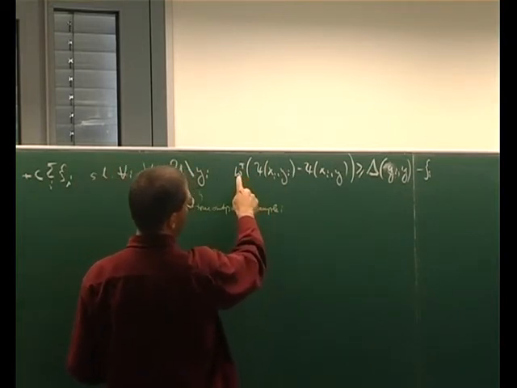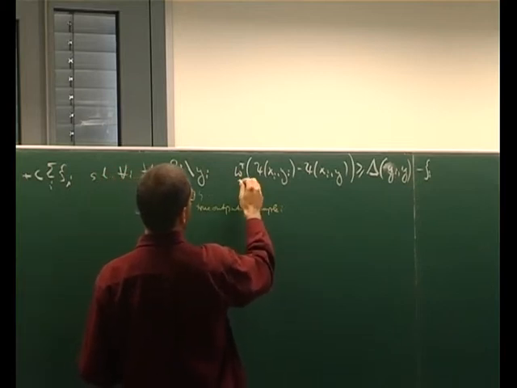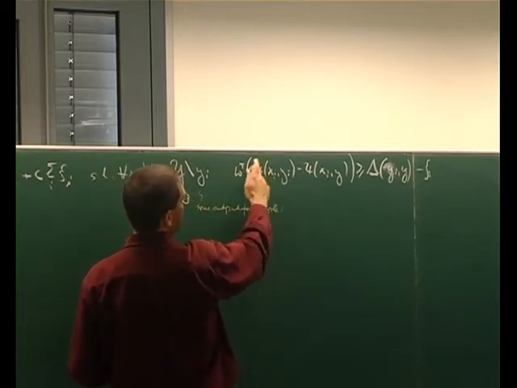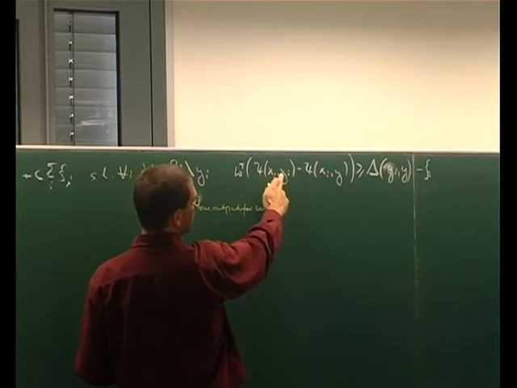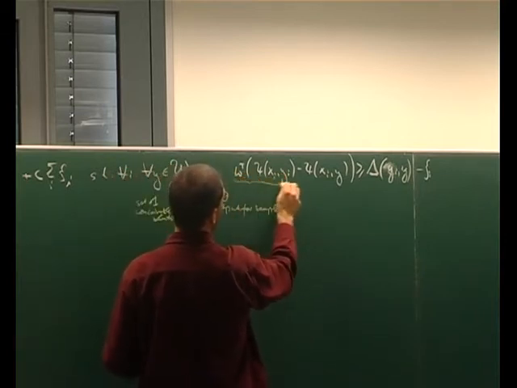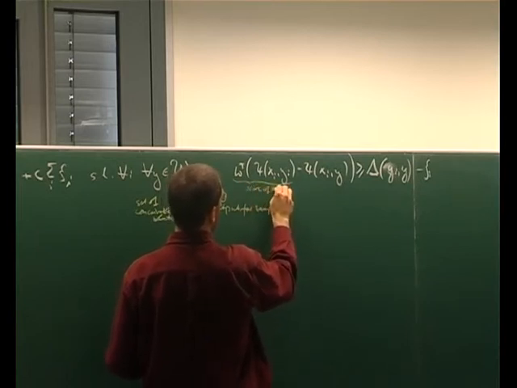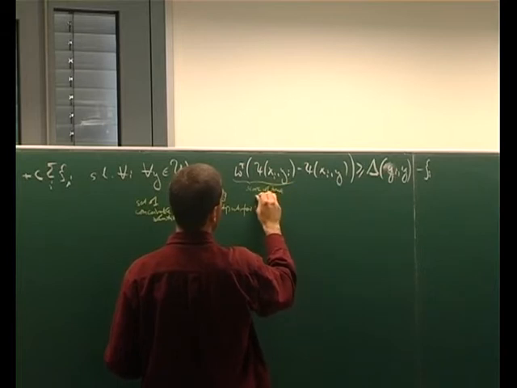If I multiply my current weight vector with the compatibility function of the true solution, these two will give me the score of the true solution.